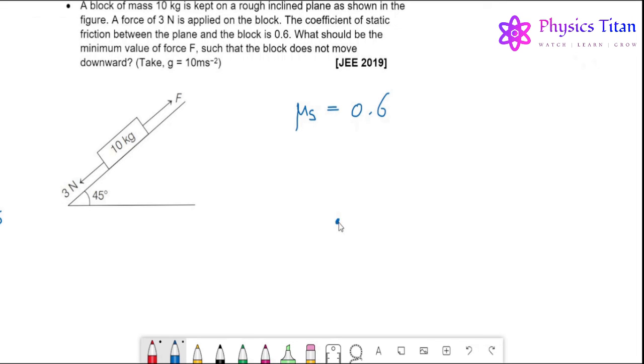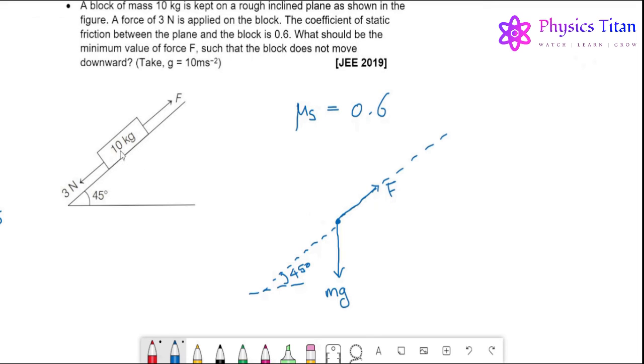Suppose this is the block. First of all, there will be a weight of this block acting in the downward direction equal to mg. This is the angle of the slope equal to 45 degrees. This is the force F which we need to apply.